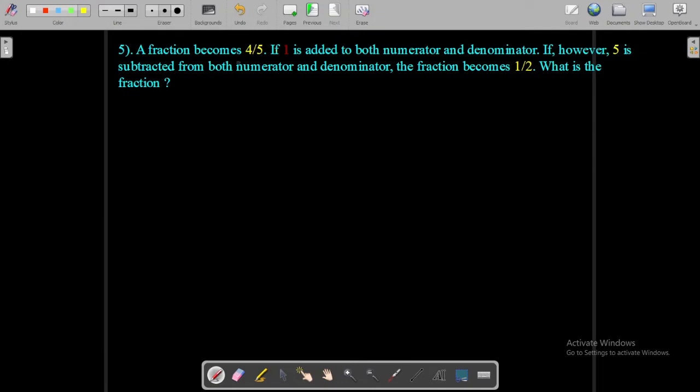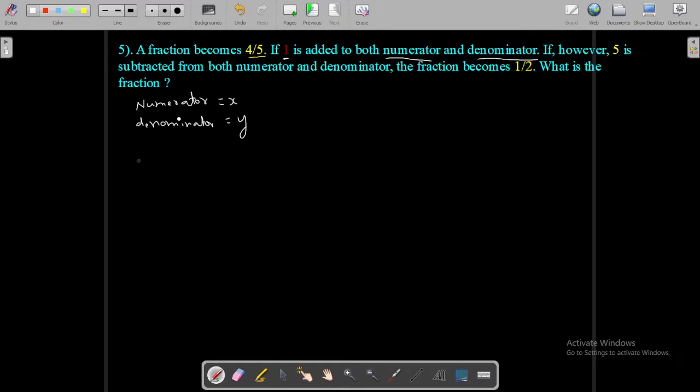This problem says that a fraction becomes 4 by 5 if 1 is added to the numerator and denominator. So we'll take our numerator as x and our denominator as y.